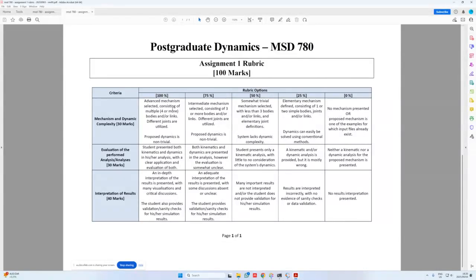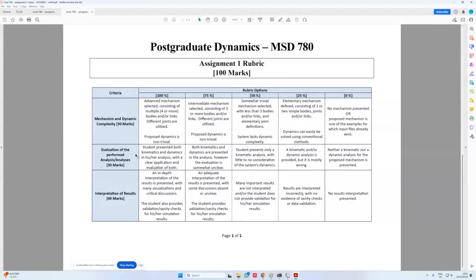I don't want to see just a bunch of revolute joints in the system. I want to see you be able to use different types of joints like revolute joints, translational joints, disk joints, or if you want to, you can also set up some sort of a composite joint that we also discussed under the McPherson example. And then the proposed dynamics of the system also needs to be non-trivial.